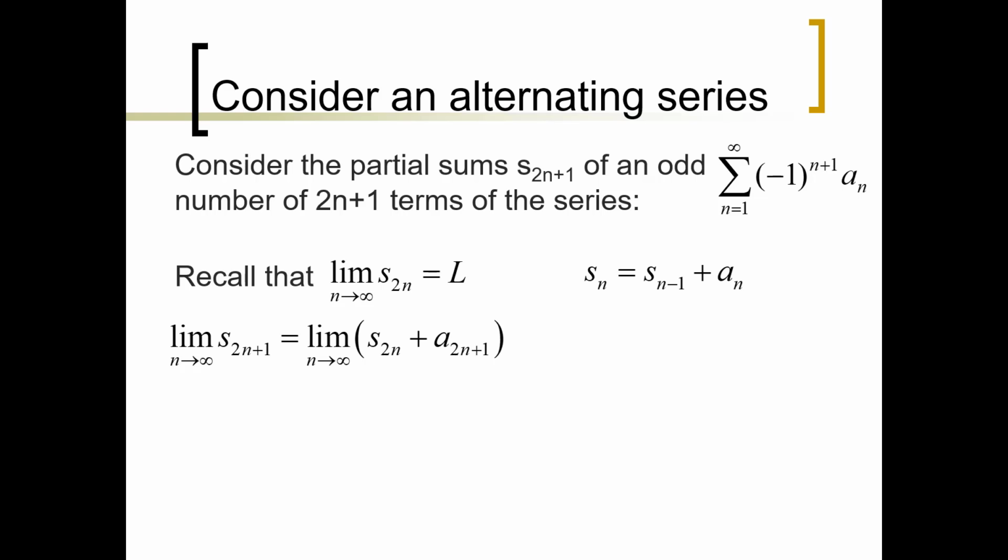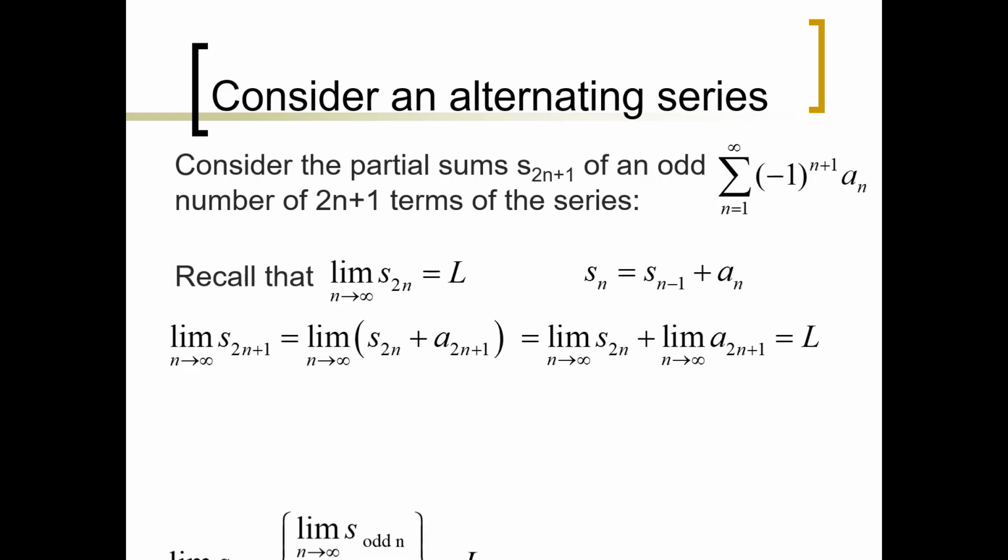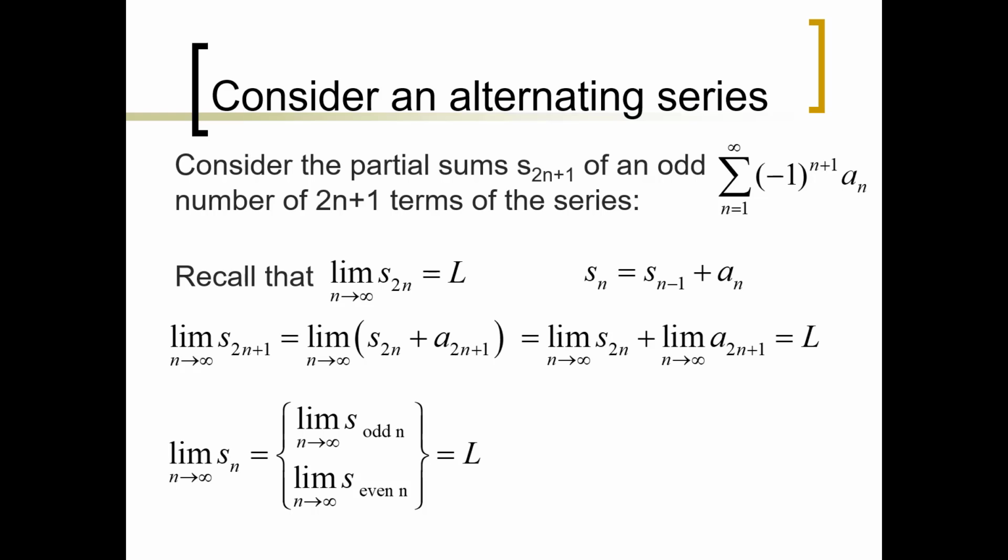But that then is two different sequences. I can take the limit of both because I know already that both converge. The limit of S sub 2n, that's L. The limit of a sub anything, as long as the index grows, that's 0, because that's what we said way back when. So if you were to look at the limit of the sequence of partial sums, just in general, it doesn't matter what the index is.